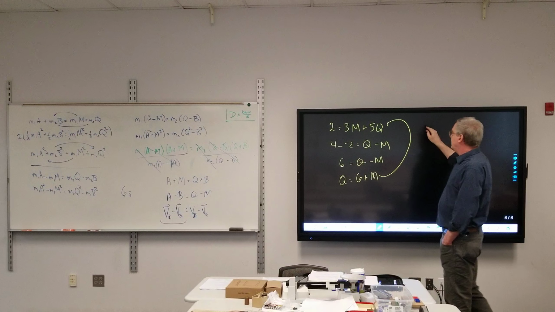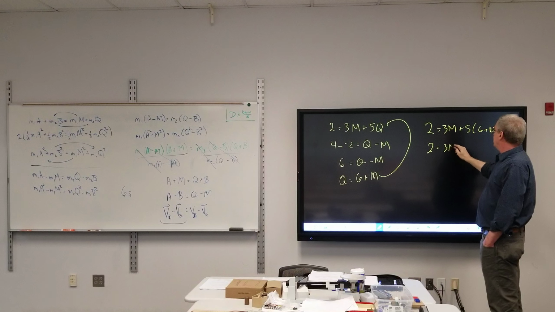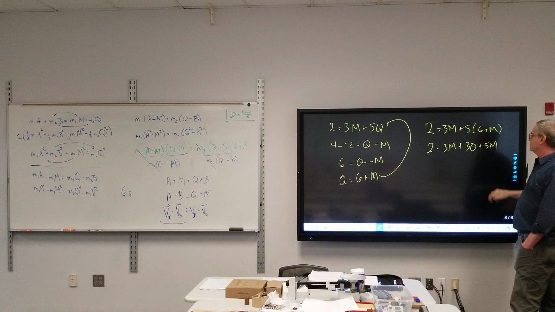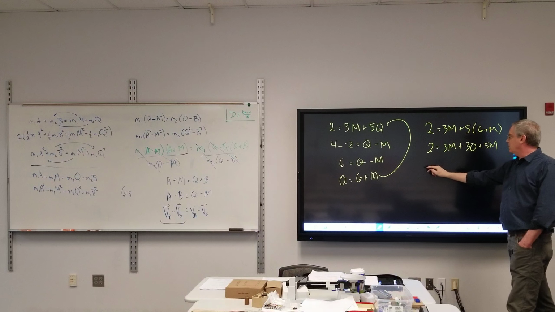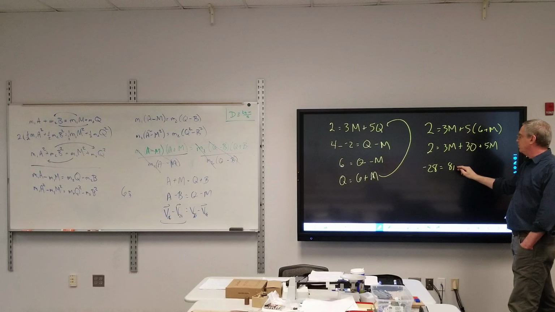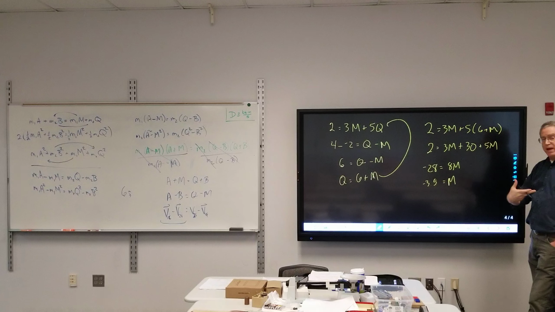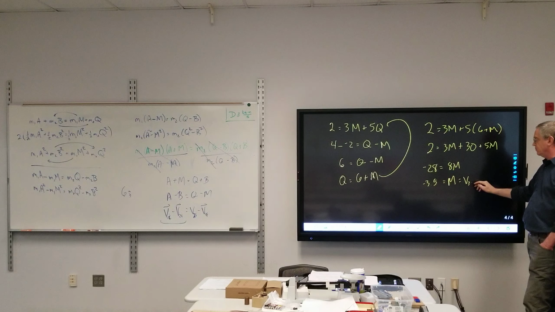Plug that in here. 2 equals 3m plus 5 times 6 plus m. 2 equals 3m plus 30 plus 5m. Negative 28 is equal to 8m. M equals negative 3.5, which is what we had before. This again would be the V3 line. And to find Q, well, it's 6 plus that.